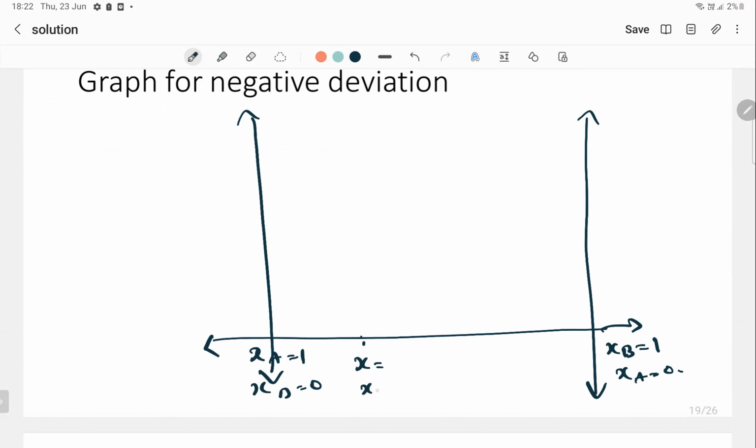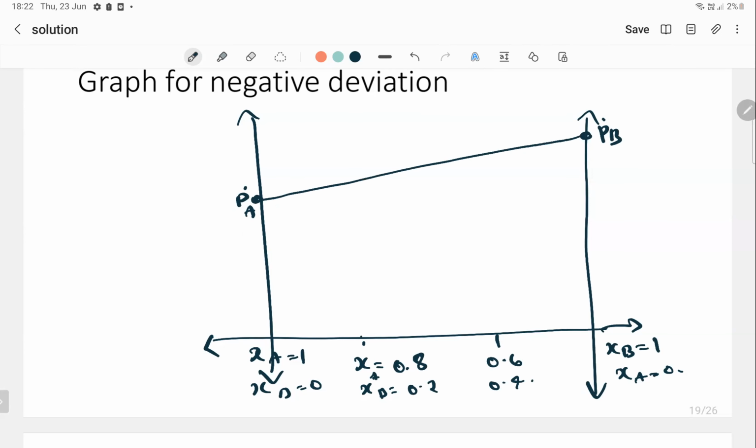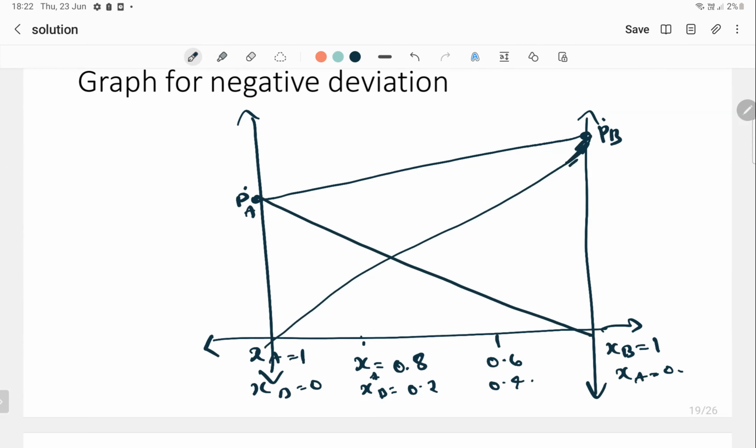I'll be drawing any two values. So here it will be P naught A, P naught B. The formula of enthalpy change is delta product minus delta reactant.